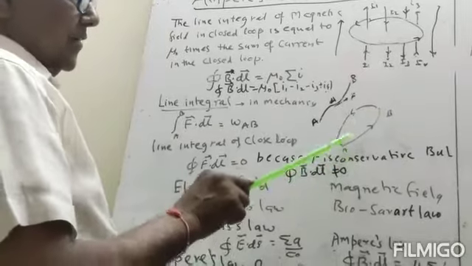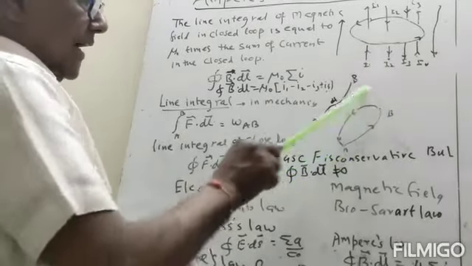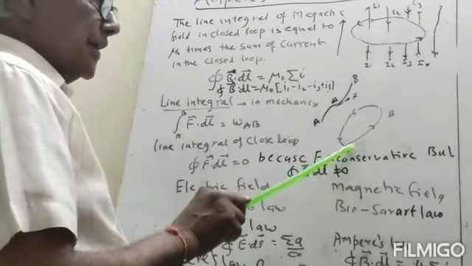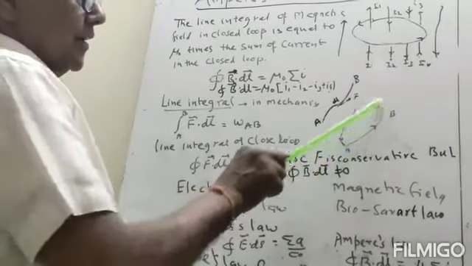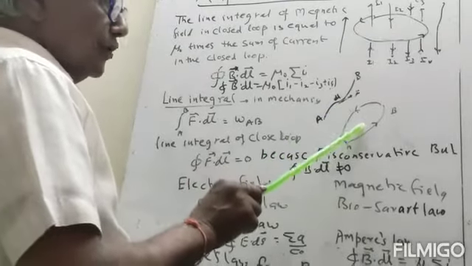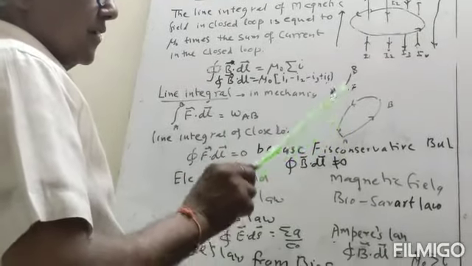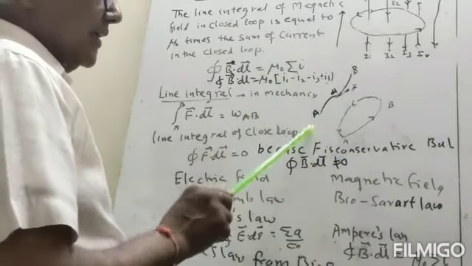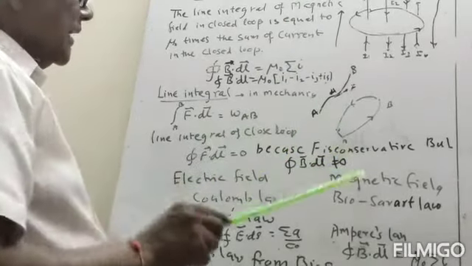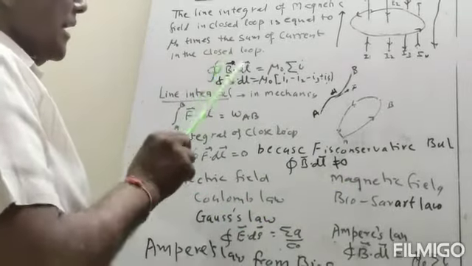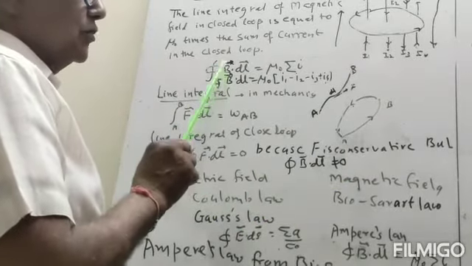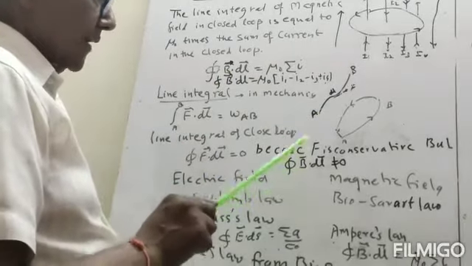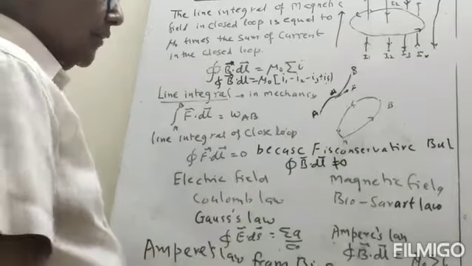Because in mechanics, we start from this point and end at this point, so the net displacement is 0. So work done is equal to 0 in the case of force in mechanics, because the force is a conservative force. Here we will take the line integral of B dl, and B is not conservative. So the line integral of B dl over the closed path will not be equal to 0.